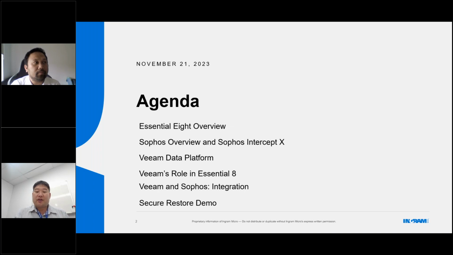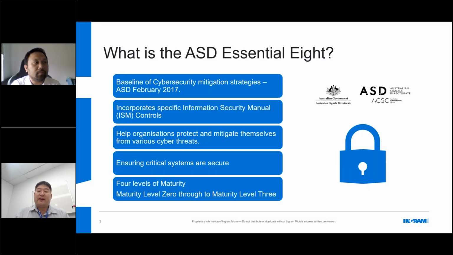Okay, so the Australian Cyber Security Centre, the ACSC, and the ASD, Australian Signals Directorate, have released what's called the Essential 8 for mitigating cybersecurity incidents. It's a prioritised list of practical actions that organisations can take to improve their security efficacy.